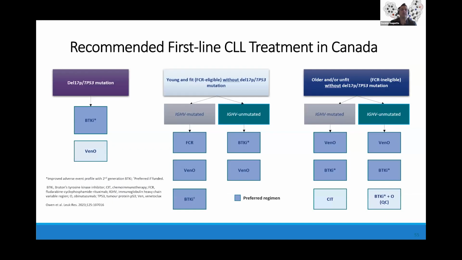Now, what are the first lines of treatment in CLL in Canada? 17p patients are given BTKis. For all other patients, chemoimmunotherapy is used less, but it could be used, though the preferred regimen would be BTKis. For younger fit patients, if you're going to give chemoimmuno, it's going to be FCR, but we are using it a lot less.